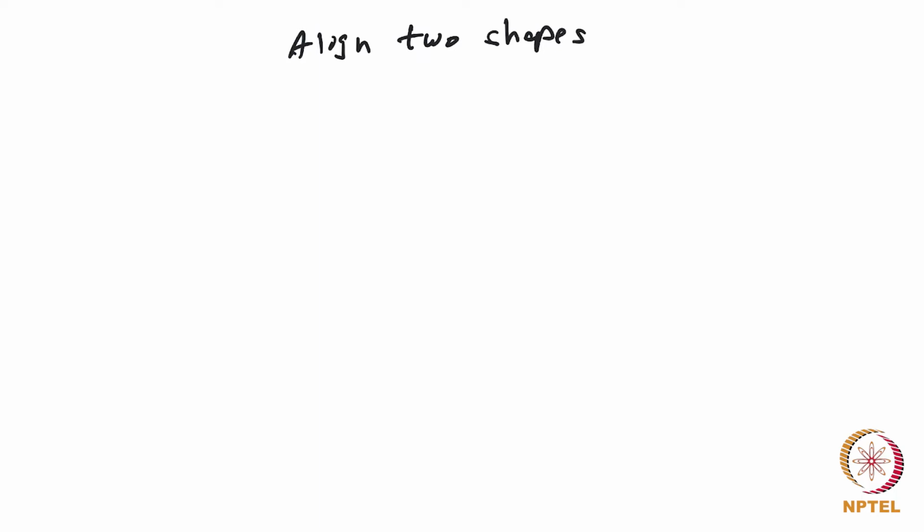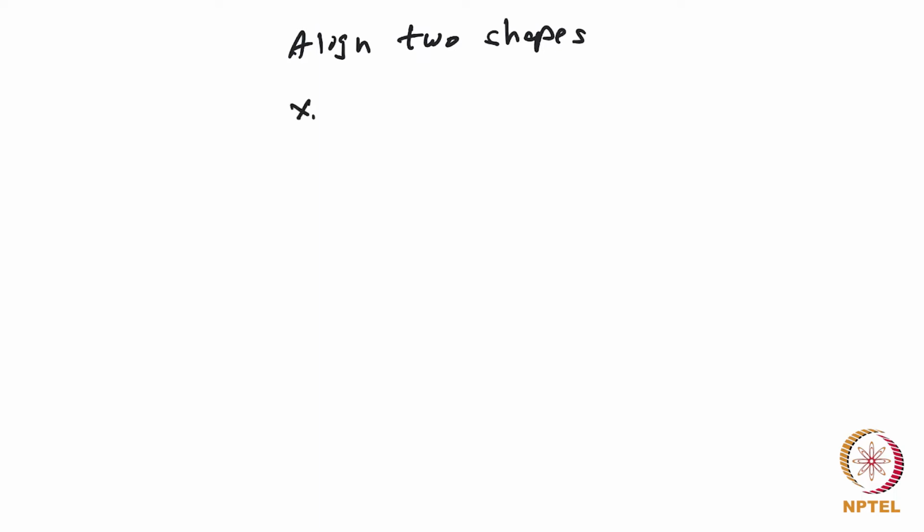So the idea is we have the two shapes which are centered at the origin. That much is certain, and we wish to scale one of the shapes, let's say x1, by s, and then also rotate it by angle theta so as to minimize the loss function. So let's just write this down.